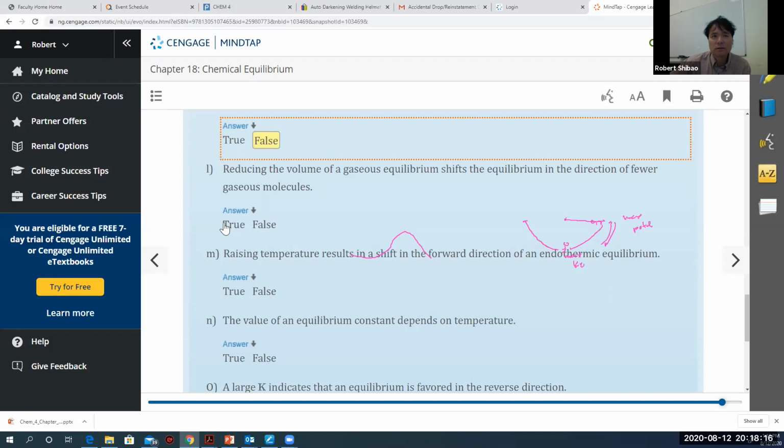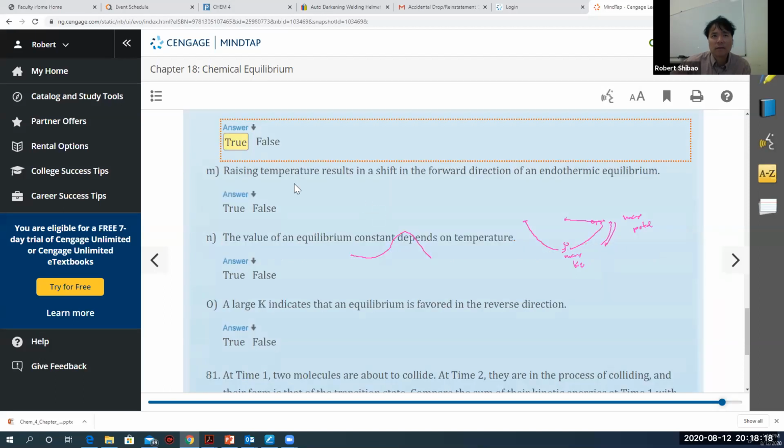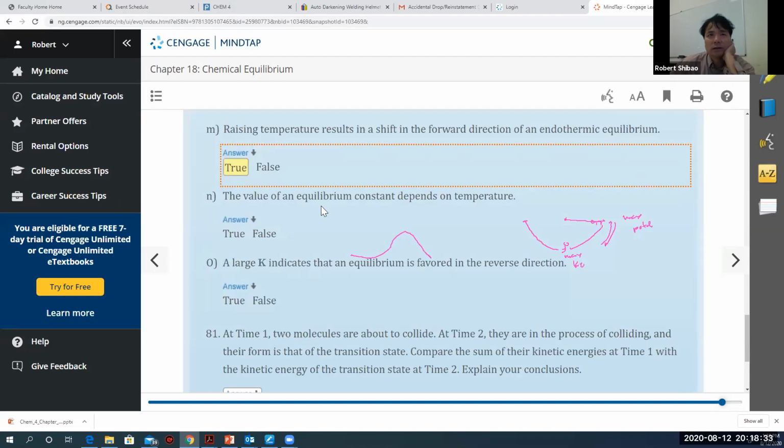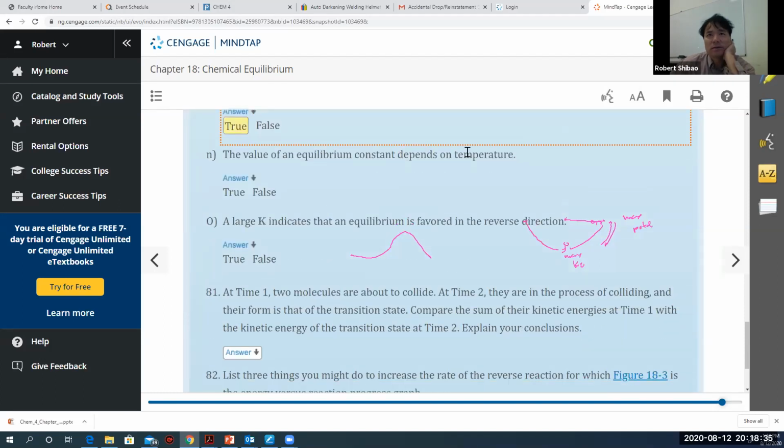That's true. Side with less gas. Raising temperature results in a shift in the forward direction of an endothermic reaction. Yeah, endothermic reactions consume heat, so raising the temperature is going to favor that. The value of an equilibrium constant depends on temperature. This is true. The ratio changes with temperature.